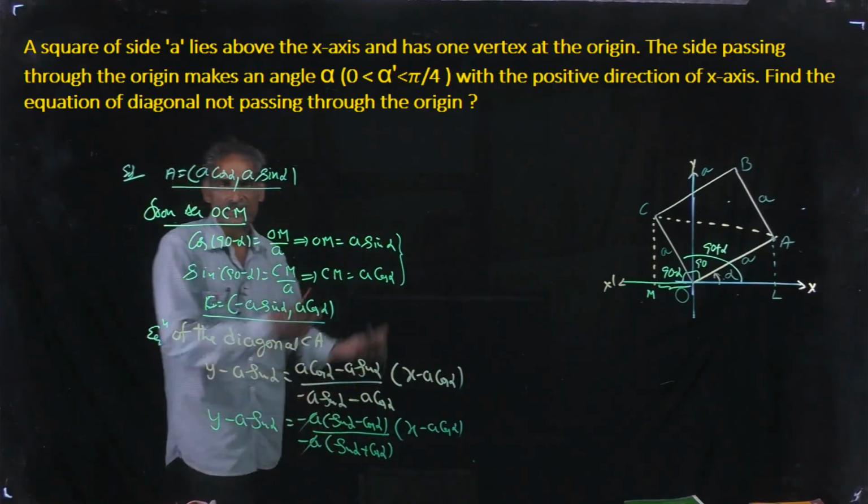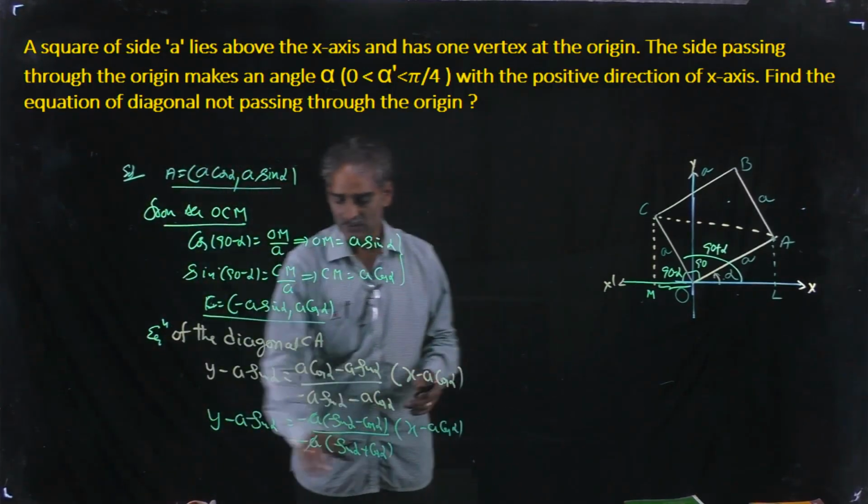Just to simplify it, we will get the equation of CA. So just cross multiply it.